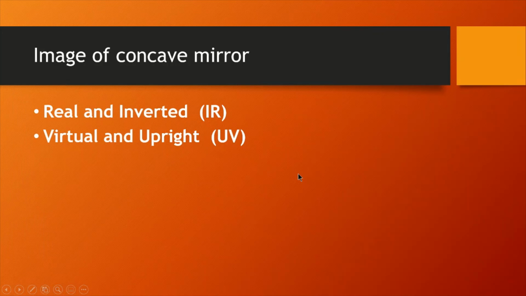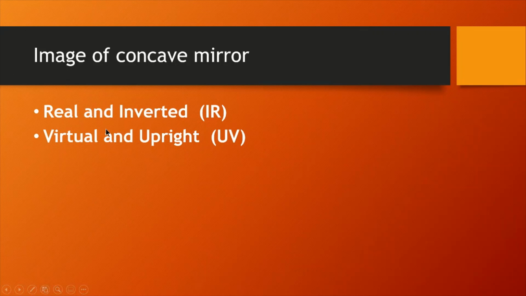Okay, we can conclude by saying that image of concave mirror, if it is real, it will always be inverted. Right? They go together. It's a pair. A real image will always be an inverted image. And a virtual image will always be an upright image. So we borrow the acronym of electromagnetic waves, right?